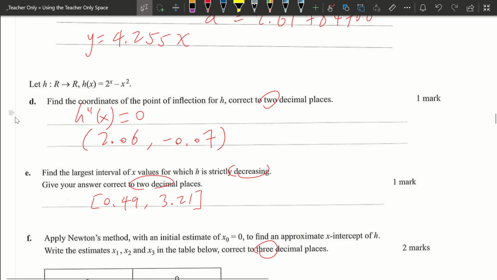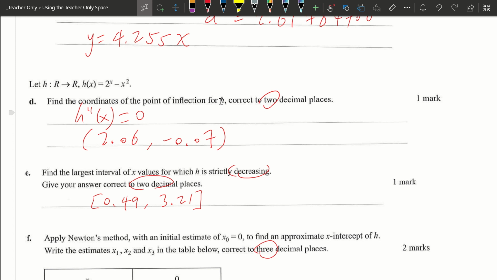Okay, let h be, well, there's no domain restriction, and the function rule is 2 to the power of x minus x squared. Find the coordinates of the point of inflection for h, correct to 2 decimal places. This is a bit weird, this question here.